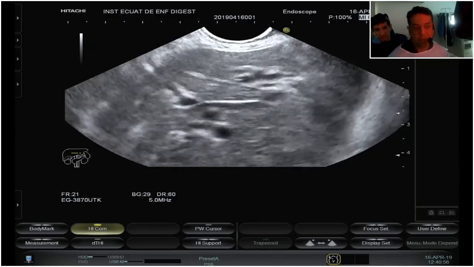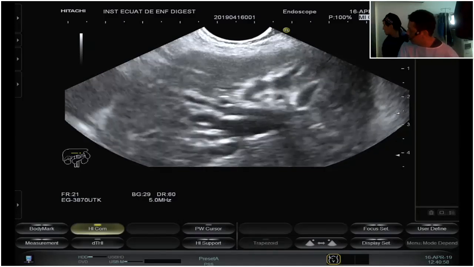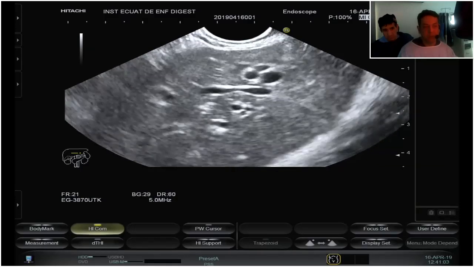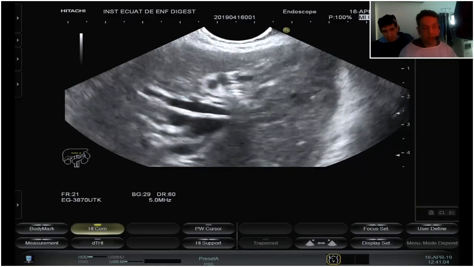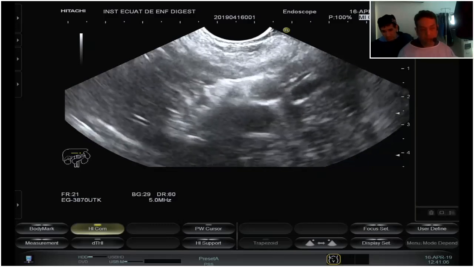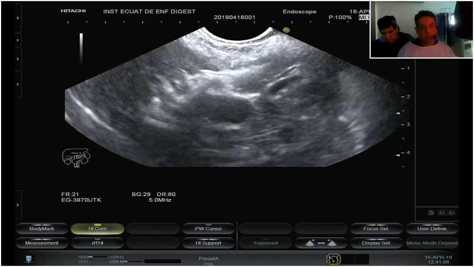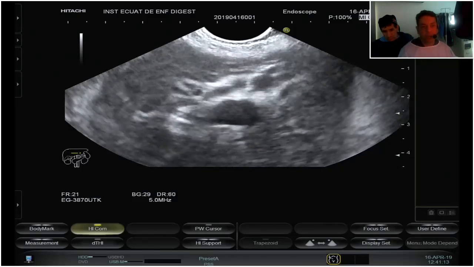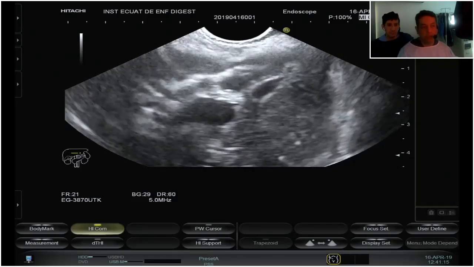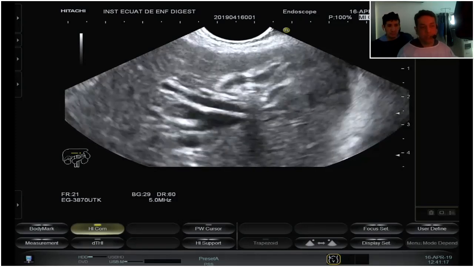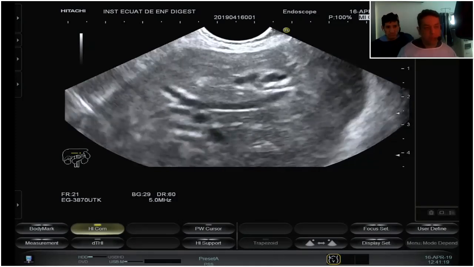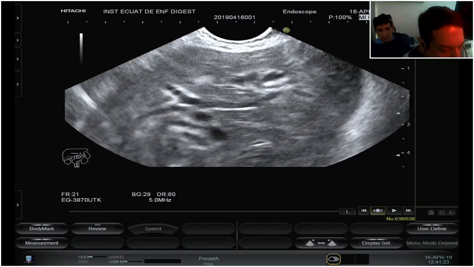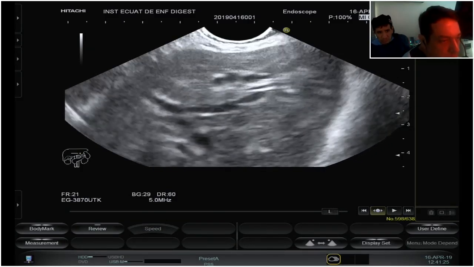Bilirubin levels are almost normal. And also, an advantage of endoscopic ultrasound over enteroscopy is that we can see the liver.